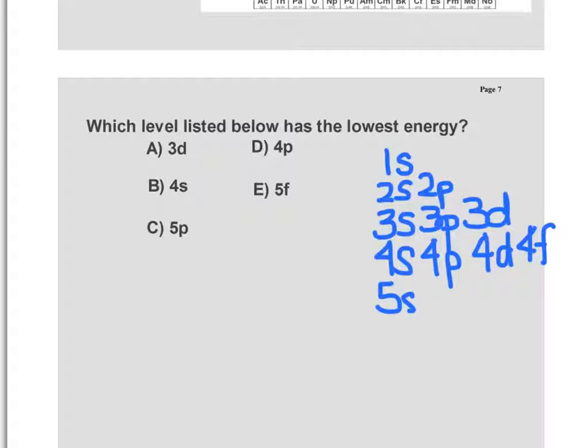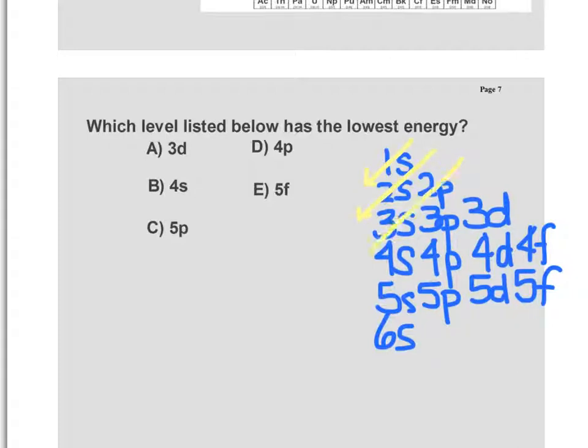I'm just going to go all the way up to 5f since that's a choice. And then we could put them all in order. So if we do our arrows here, 1s first, then 2s, 2p, 3s, 3p, 4s, 3d, 4p, 5s, 4d, 5p, 6s, and we would keep going.